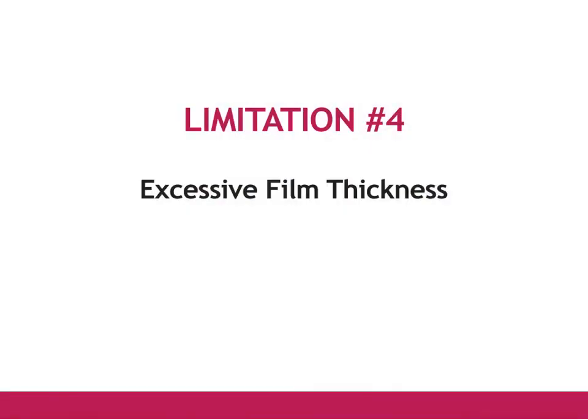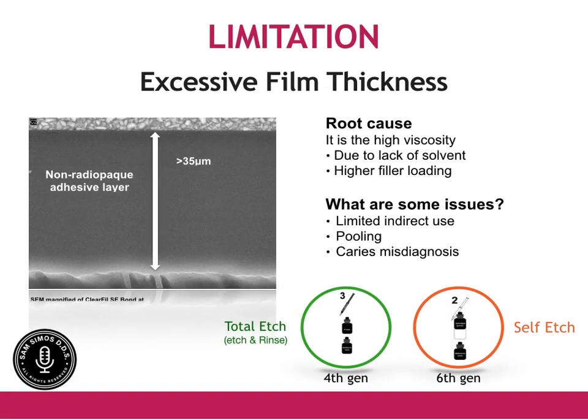Another limitation is excessive film thickness. And this happens because in the 4th and 6th generation, these 2-bottle systems, they're very, very thick. Because of the high viscosity and because of the lack of solvent and the higher filler loading, it really limits your indirect use. And you have to be very careful when you use these because they're so thick.